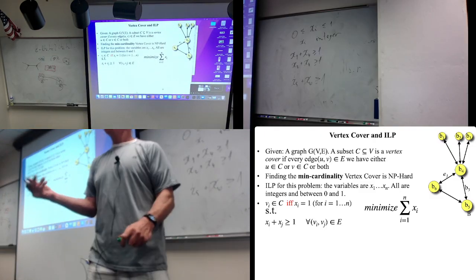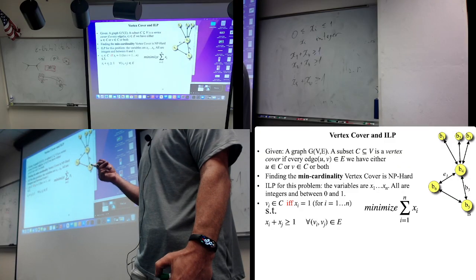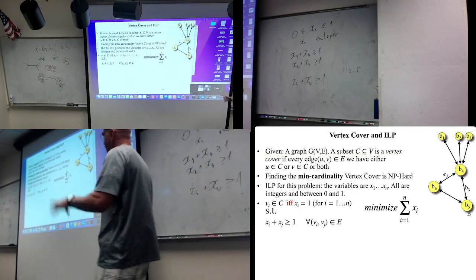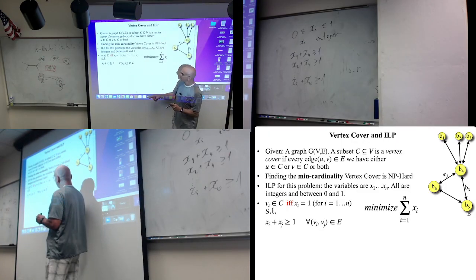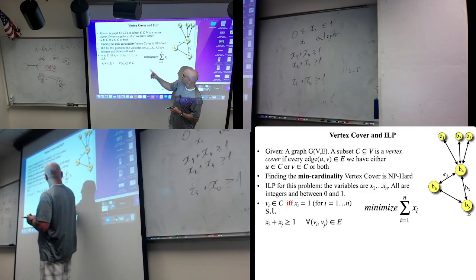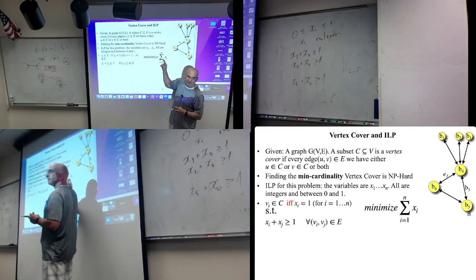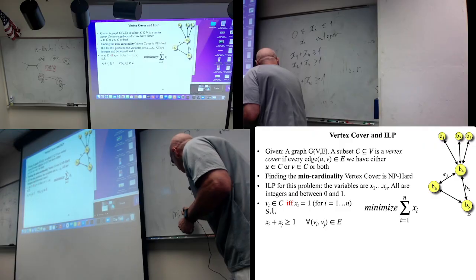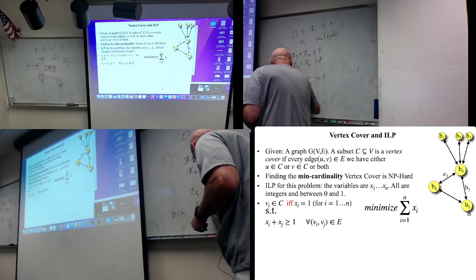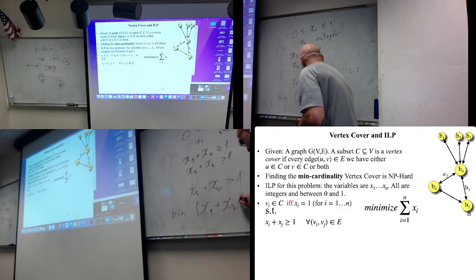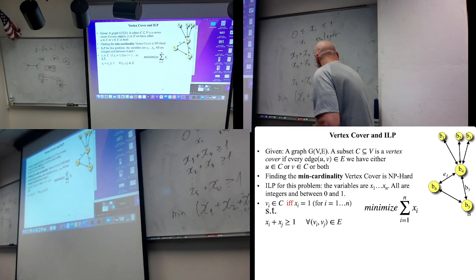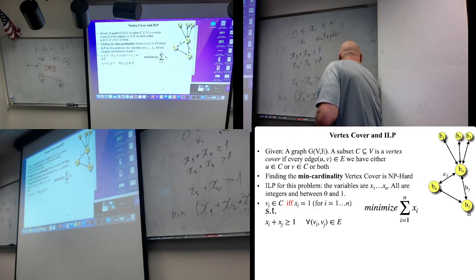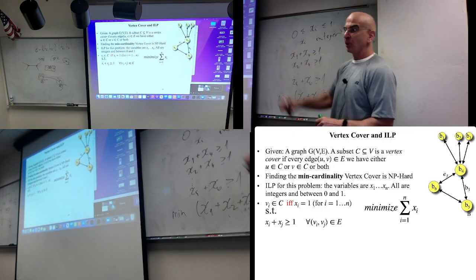I want to minimize the number of vertices that I'm taking. How do I write it in a way that ILP understands? I'll just ask minimize x1 plus x2 plus x3 plus x4 plus x5 plus x6 for this problem.